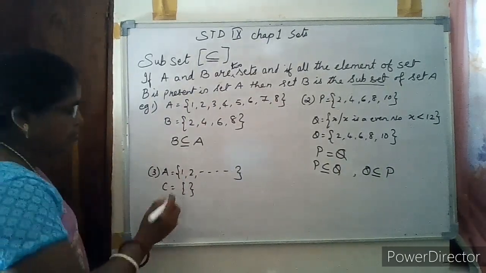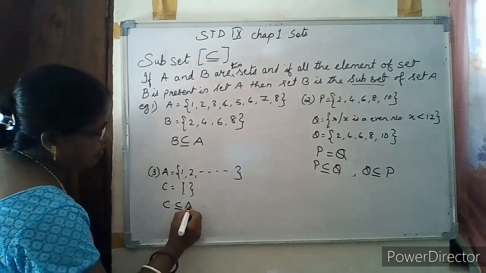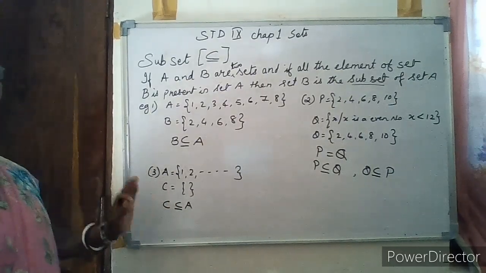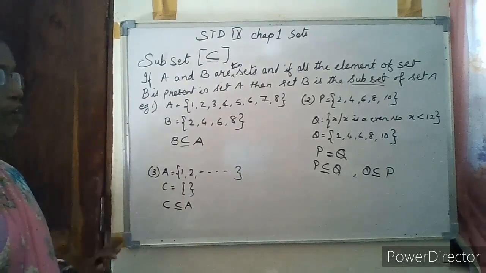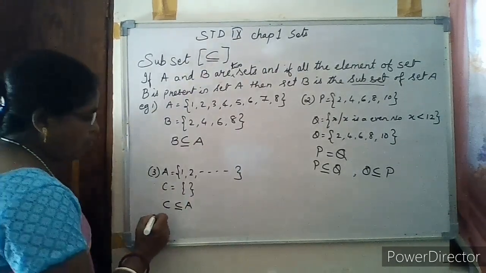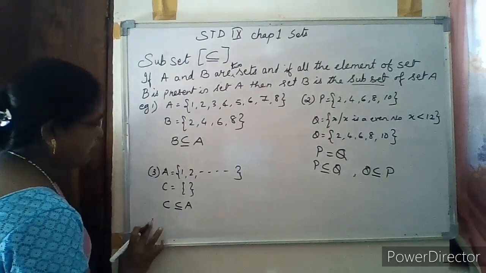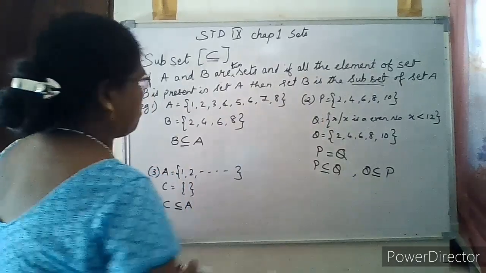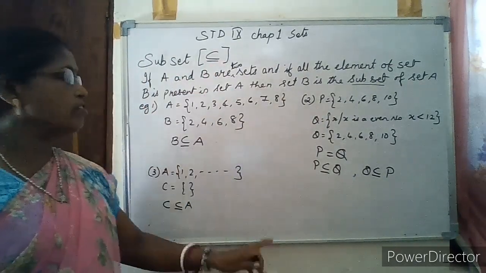That means an empty set is also a subset of set A. C is a subset of set A, or we can say that the empty set is a subset of every set. So we have learned 3 examples. This is enough, I think. You have learned about subsets.